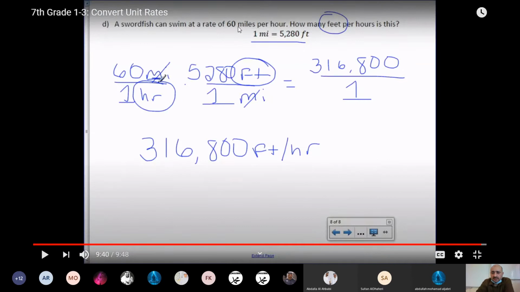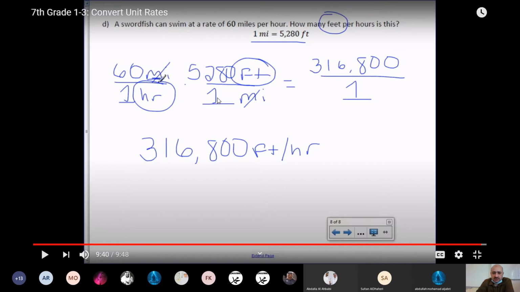Here we have 60 miles per hour and here feet per hour. No change in the hour. The change is between miles and feet. So go to the first sentence, 60 miles per hour, and write the unit rate. We can write 60 miles per 1 hour. And each mile equals 5,280 feet.